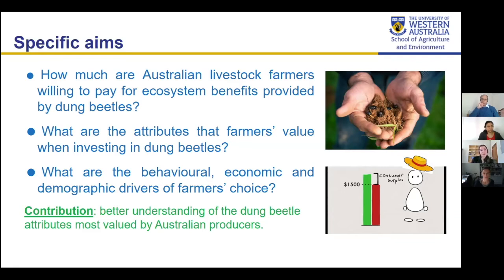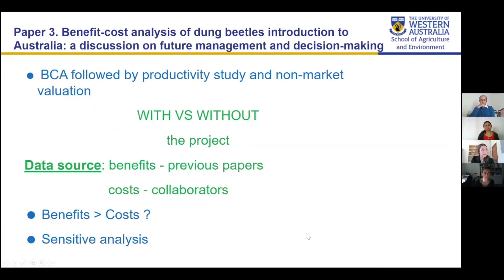Some farmers would have passive adoption, for example. They would wait for another farmer to get dung beetles and learn from their experience. Others would get their own dung beetles. These are the things I'll be addressing in the survey. The main contribution here will be a better understanding of the dung beetle attributes most valued by Australian farmers.